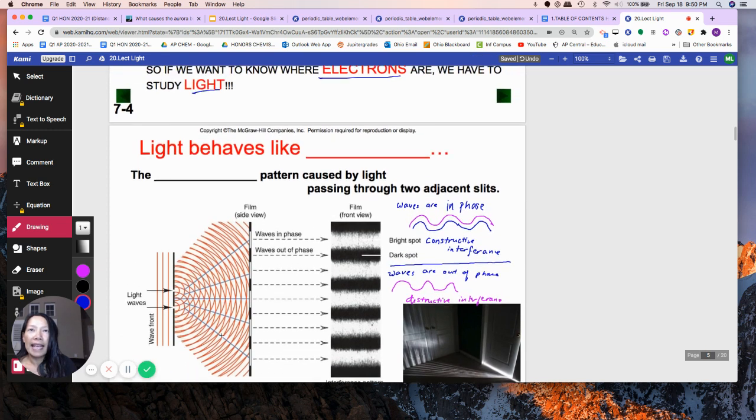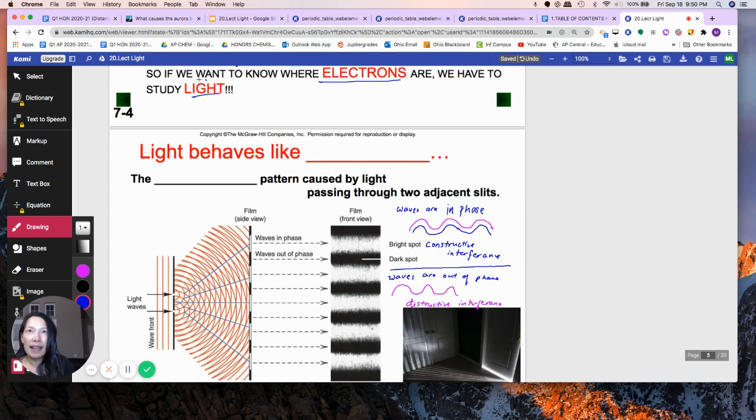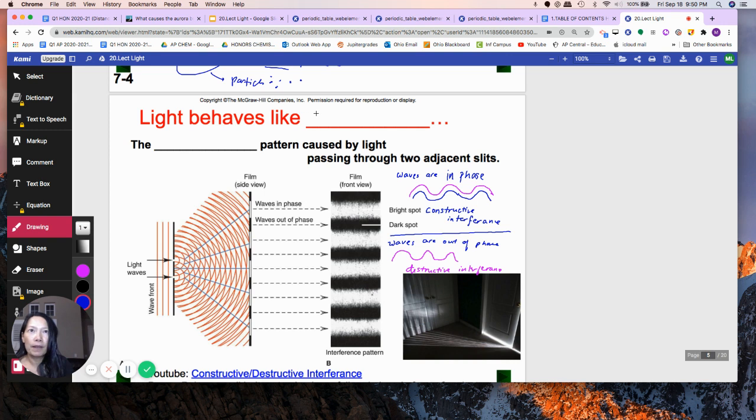Light behaves sometimes like waves, and sometimes they behave like particles. Okay, so I will first prove to you that light behaves like waves. The first proof I'm going to show you is called a diffraction pattern.